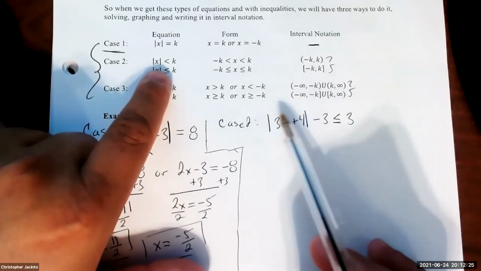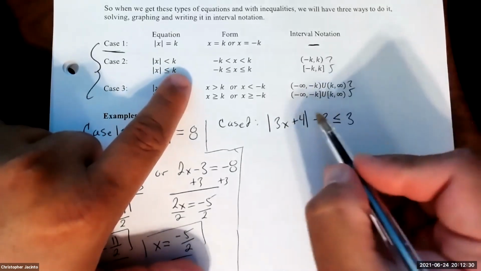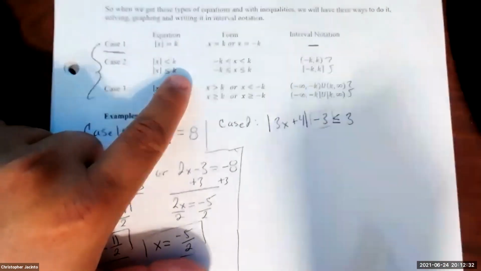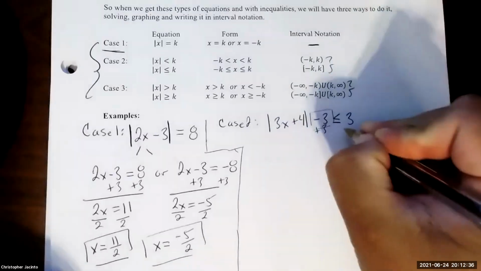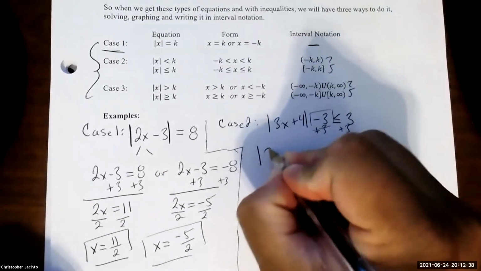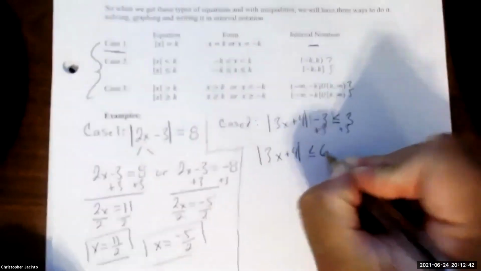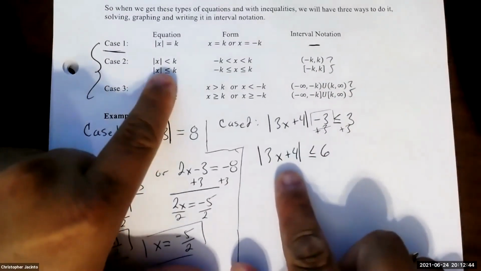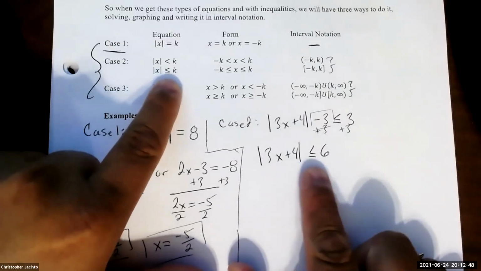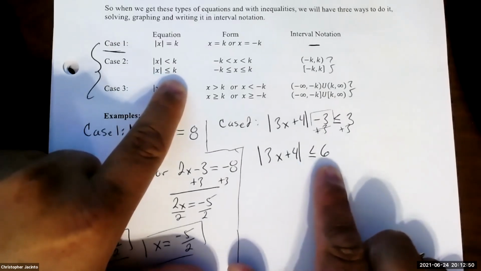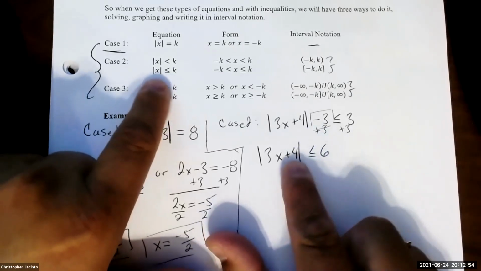So we have to have only the absolute value on one side and just a single number on the other side, which means the first thing we have to do is get rid of this 3 over here. So to get rid of it, we just add it over. So now we have exactly what our rule says. Absolute value on one side, the inequality, and a single number on the other side. So just in case you have a number here, first bring it over, then we're going to do our case rules itself.